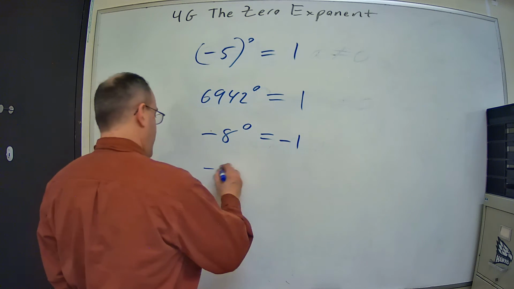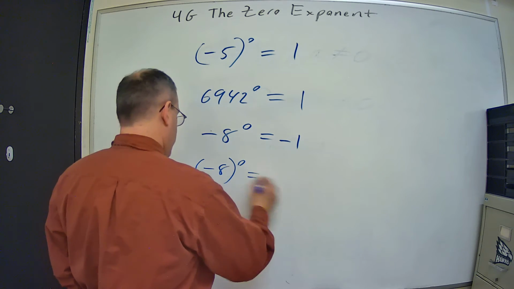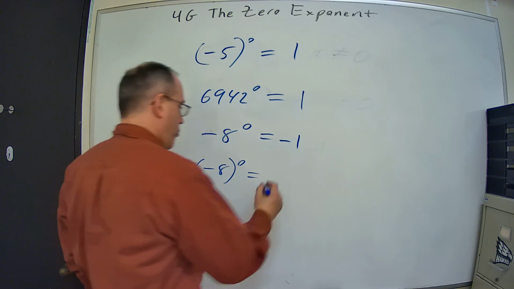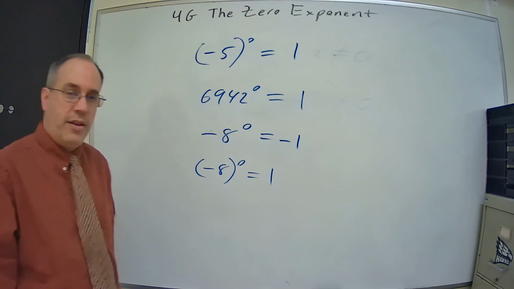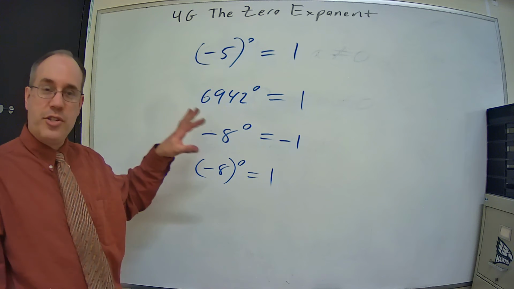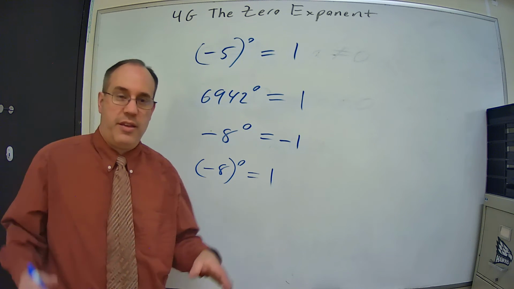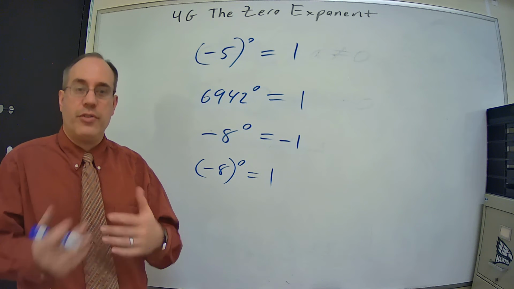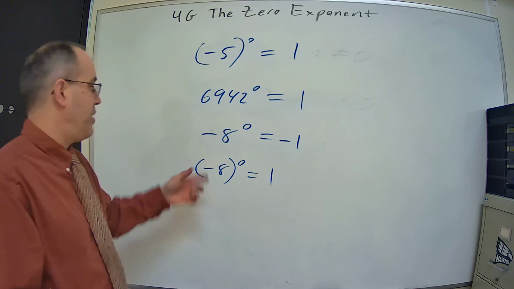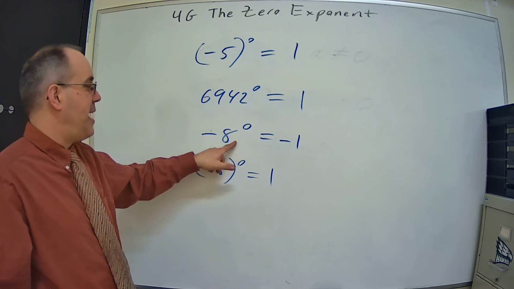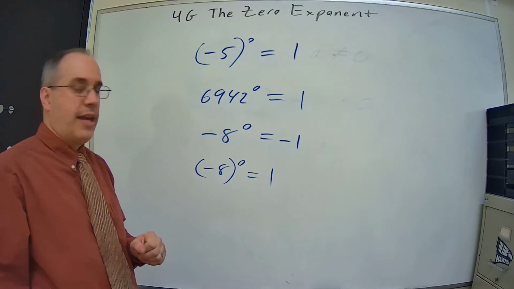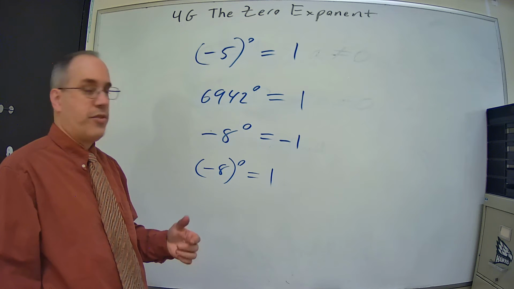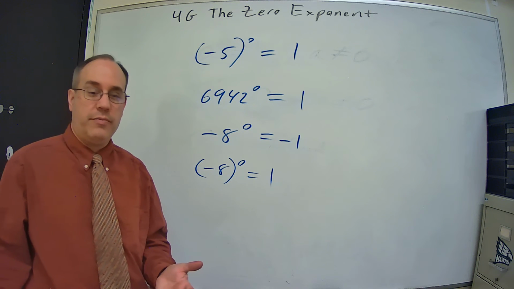Whereas if I'd said (-8) to the 0th power, then this number raised to the 0th power would be +1. So be careful, it's the same thing that we just talked about with the difference between -5 squared and (-5) squared. Right? Exponent comes first, that becomes 1, and then we negate it. This, we go into the 0th power, becomes 1.